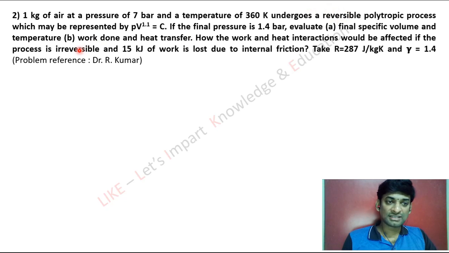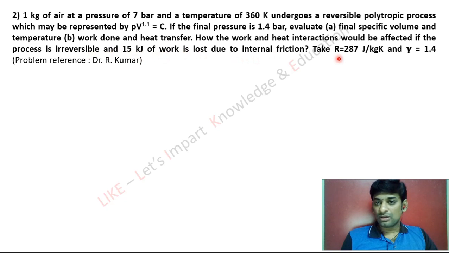If the process is irreversible, you have to include frictional losses. Either you have to calculate the frictional effect, or in most cases the frictional loss would be given. So in this problem also, for the irreversible process, 15 kJ of work loss is given.